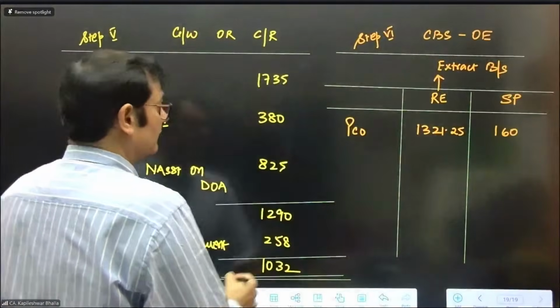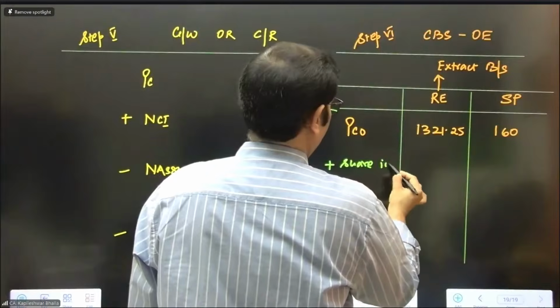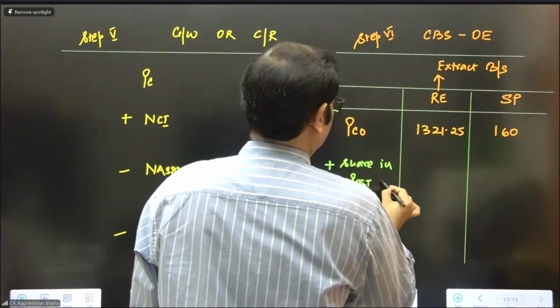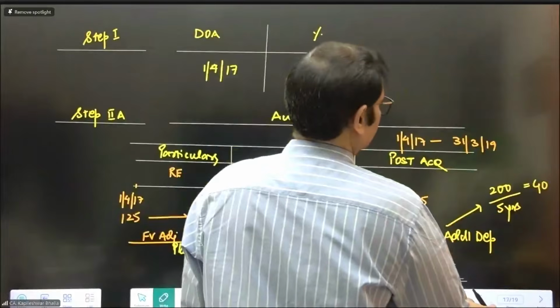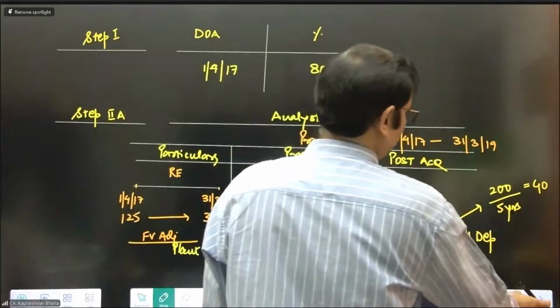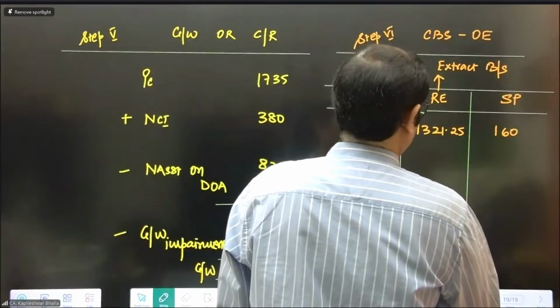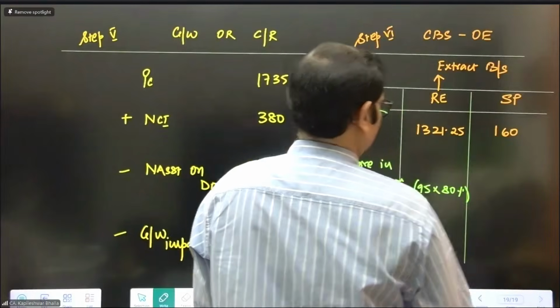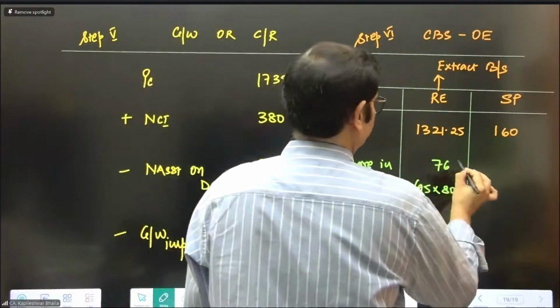Further, let's consider the share in post-acquisition. We consider the share in the post-acquisition profits, and that's from the analysis, 95 into 80%. So this is 95 into 80%, 76.